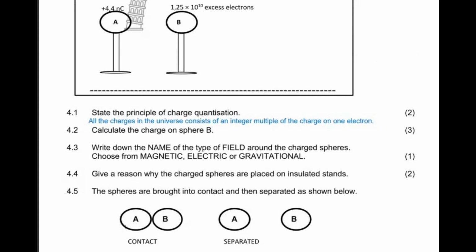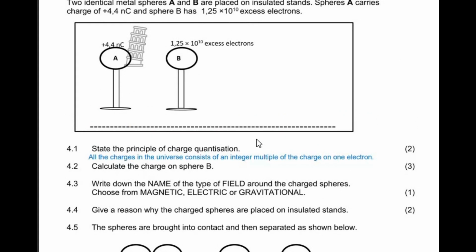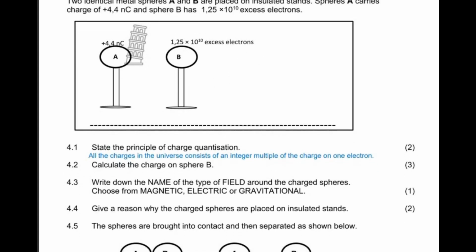Such a nice thing to say, charge quantization. So they're saying to us, let us calculate the amount of charge on sphere B. So what is the amount of charge Q on this sphere?